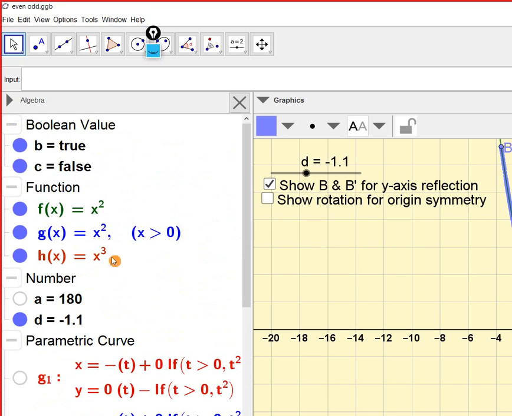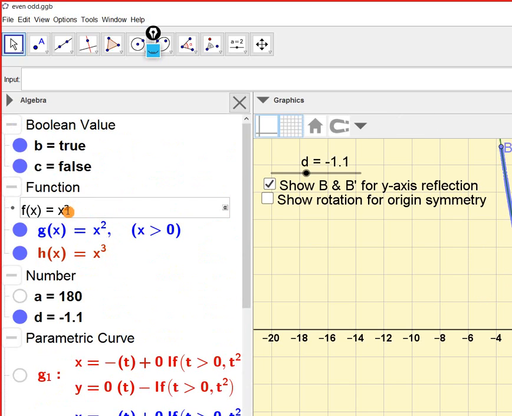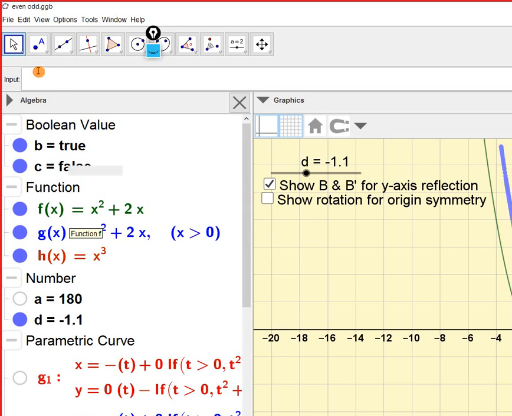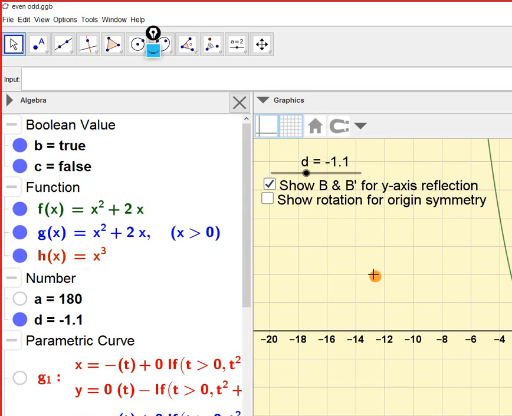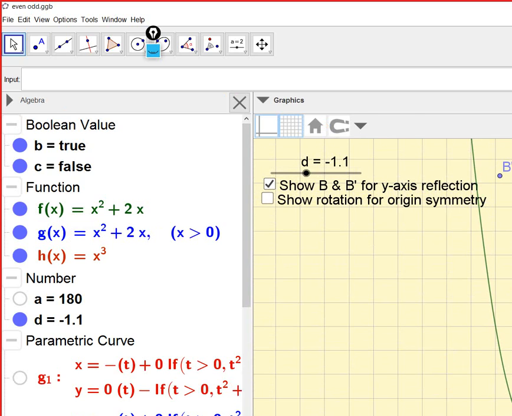Where if I do something like this, let's say I have x squared plus 2x. Now look at that graph. Okay. Now if I take that point B and start moving it, do I trace out the green curve? Is it a direct overlap?